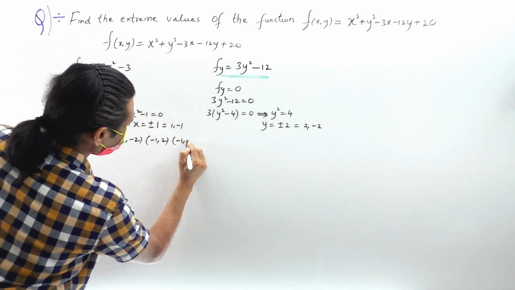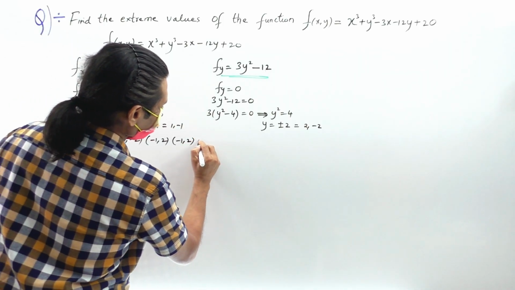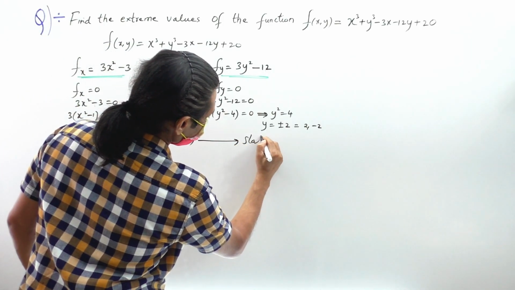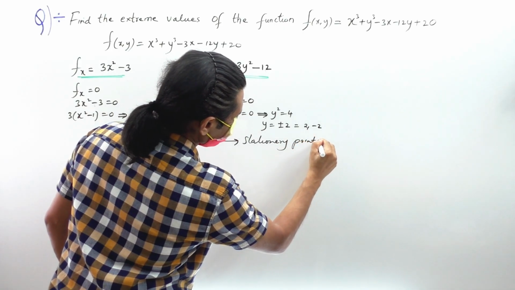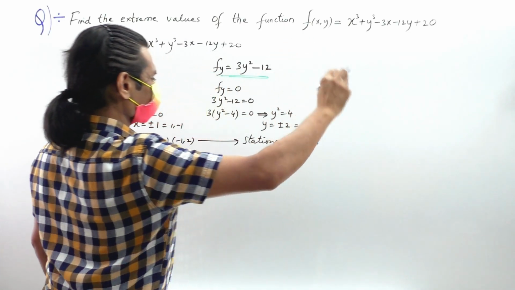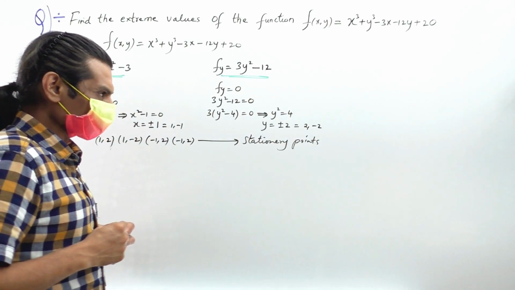So, these are all the maximum ordered pair combinations I can obtain and these are called as what? Stationary points. Okay. So, we have found all the stationary points here.